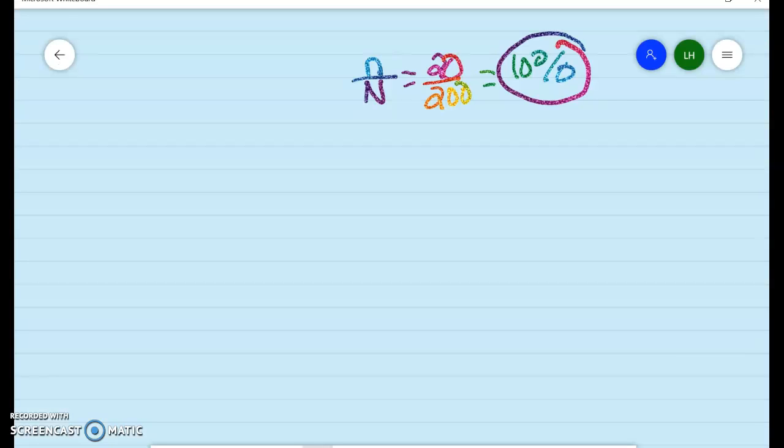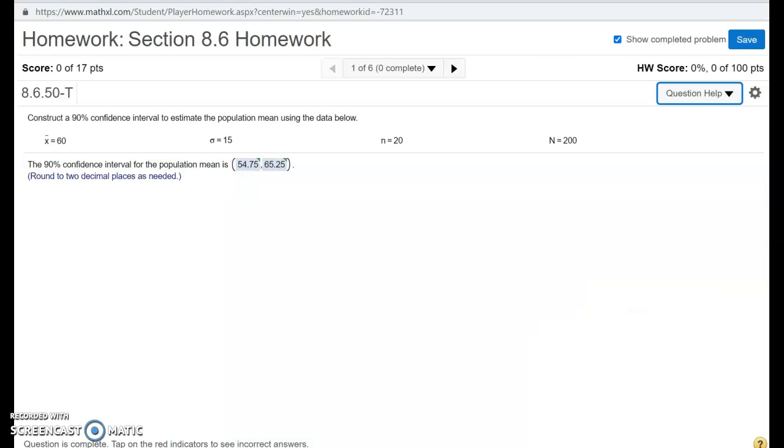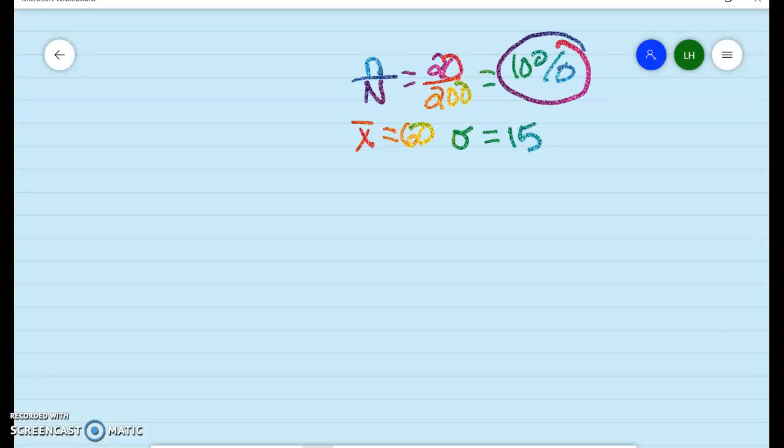And so we know that x bar is equal to 60, and the population standard deviation is known, so we can use z. If we didn't know it, we would use the t-distribution. We know that n is 20.